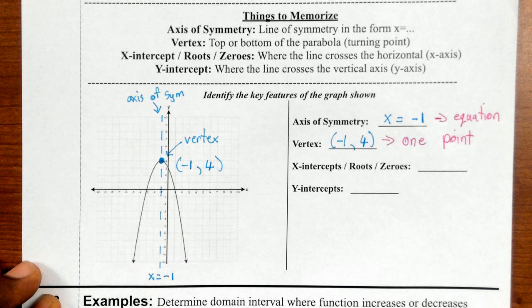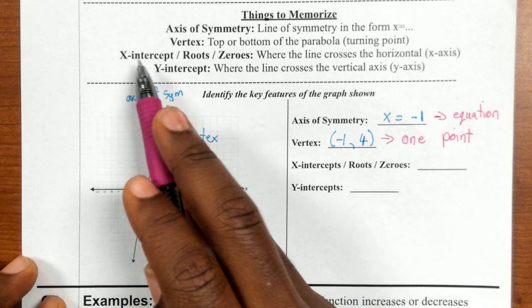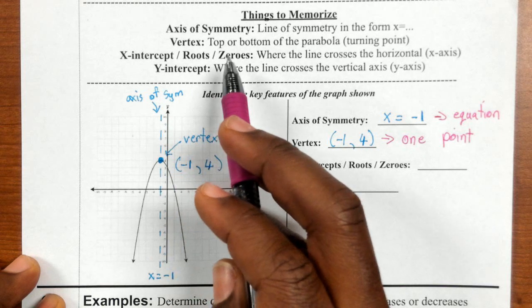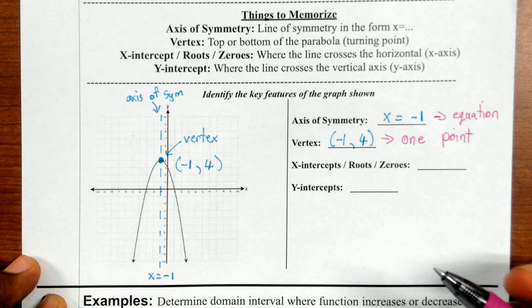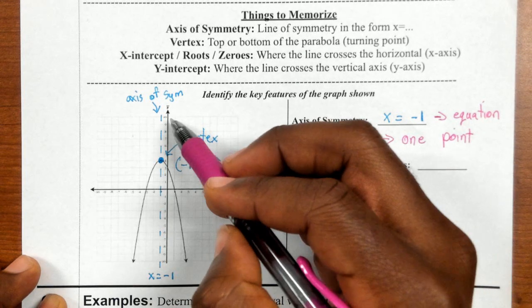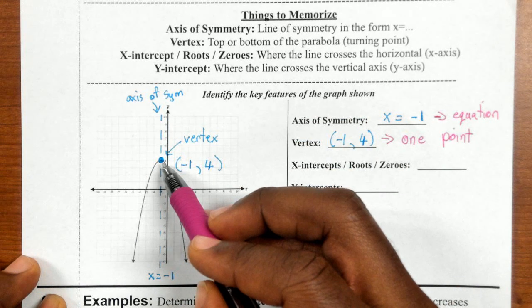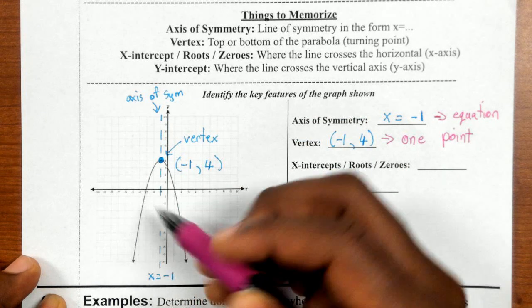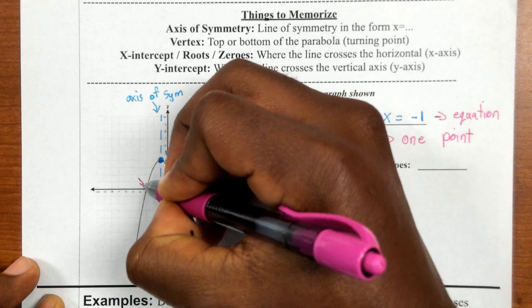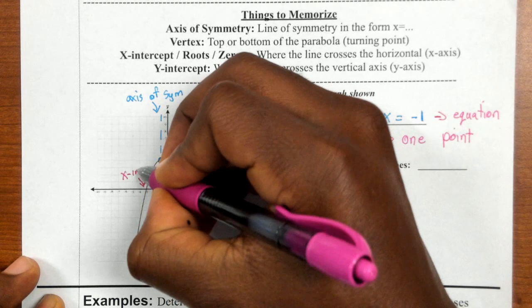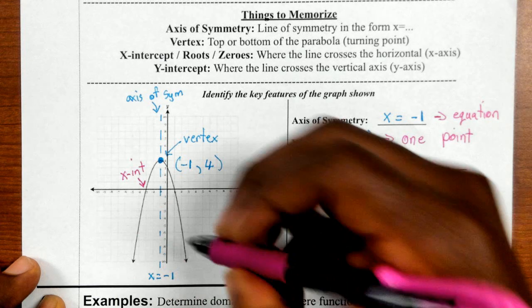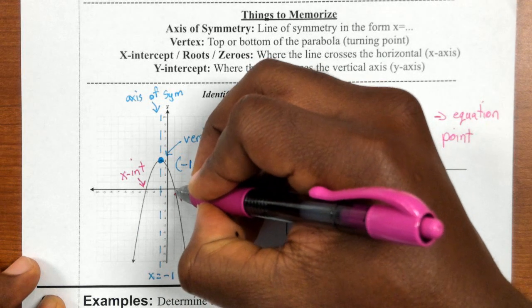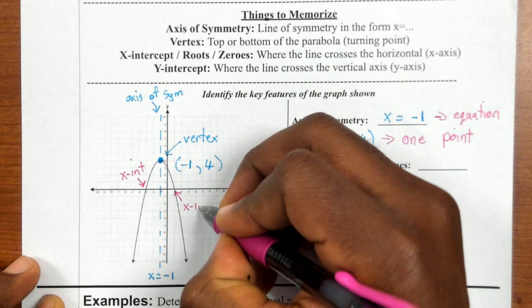The next thing we're going to identify is the x-intercepts, and other names for x-intercepts are roots and zeros. Your x-intercept is where you intercept the x-axis. This is the x-axis, this is the y-axis. My graph intercepted right here, so this is an x-intercept. And it also intercepted somewhere else, right here, which is also an x-intercept.